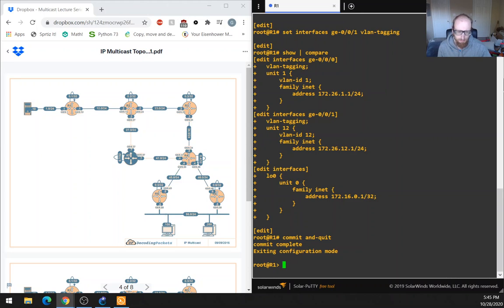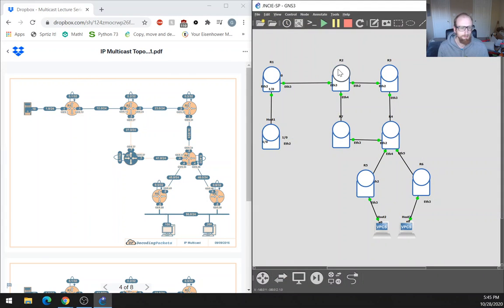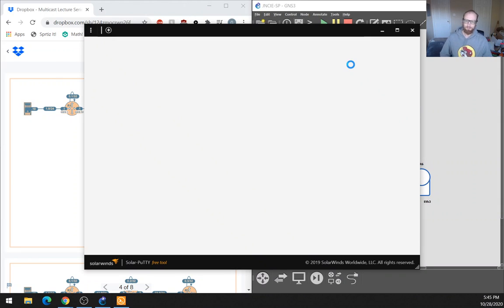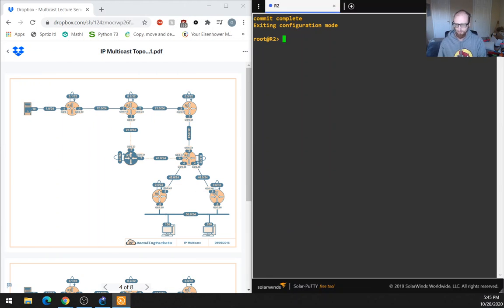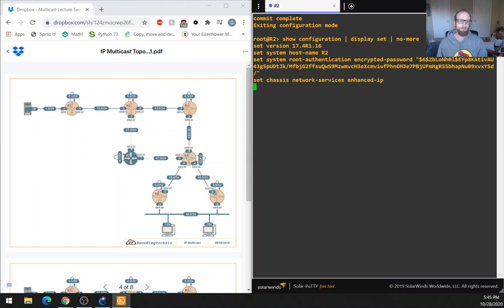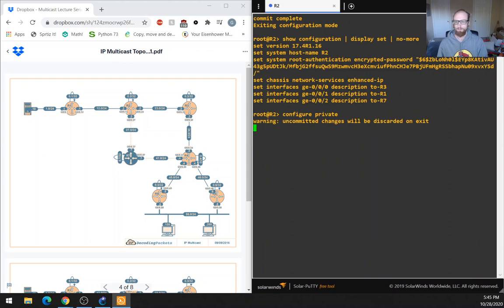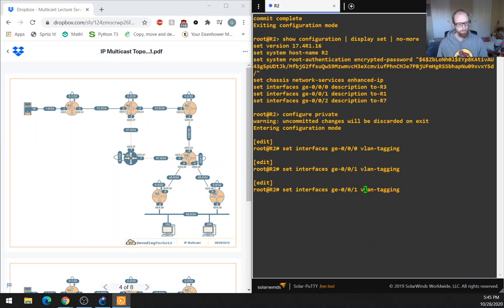Okay, so... Yep, moving on to router 2. Oh, okay, never mind. So this is going to be for router 3.